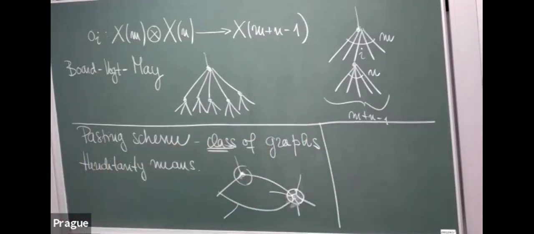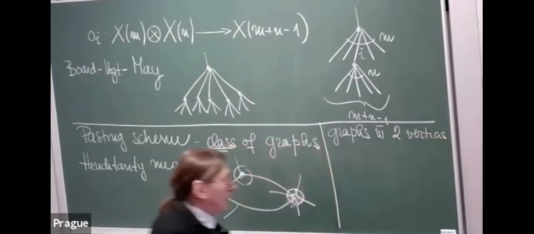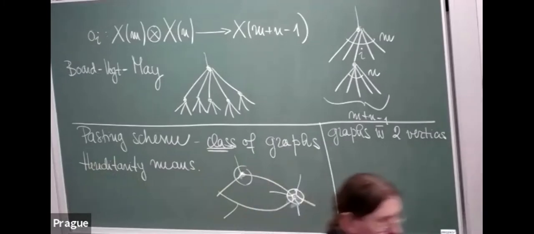So probably the best way to explain it is to give the following very stupid example of a class of graphs which are not hereditary. So graphs with two vertices. Why is it not hereditary?